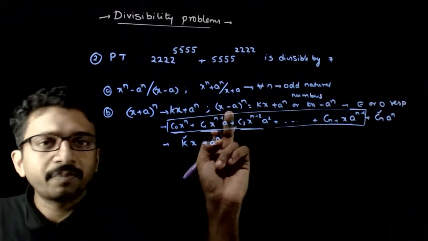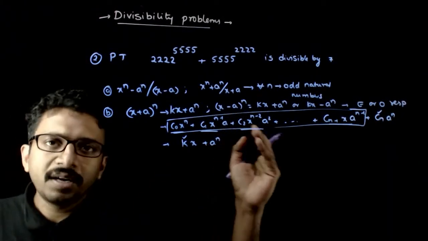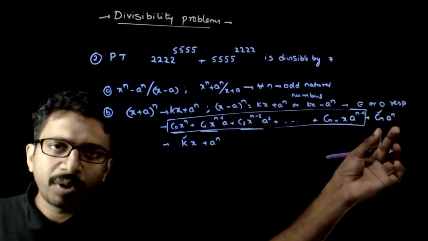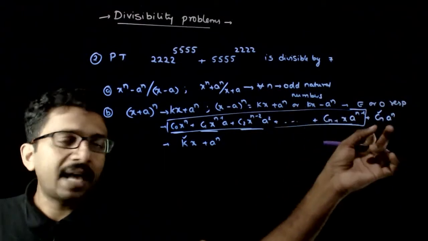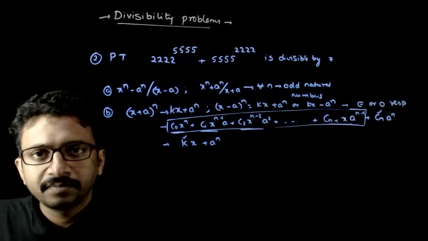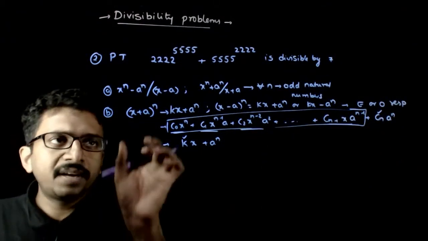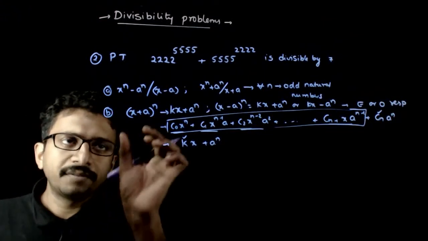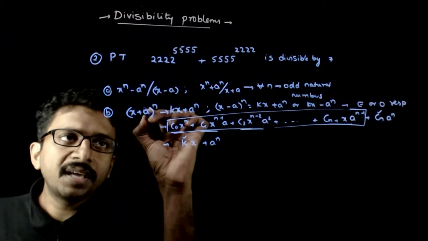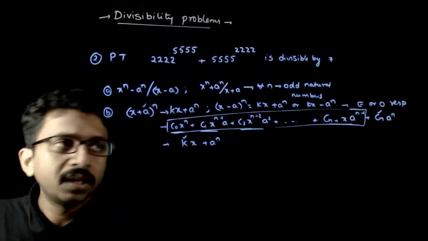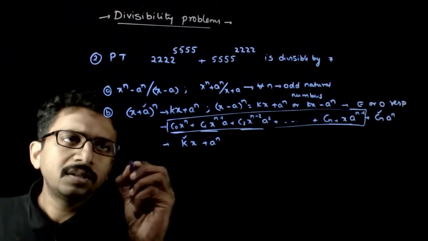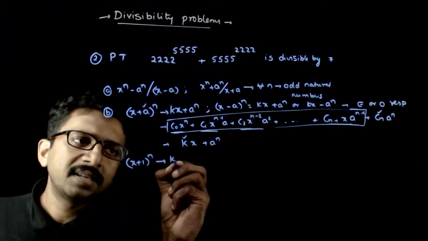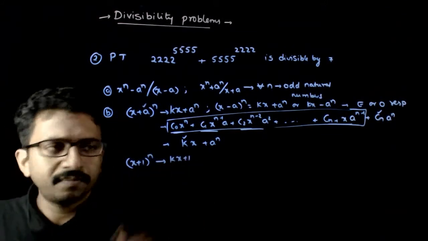Because we know that if you have (x minus a) power n, you will have an alternate plus minus sign. So if n is even, the last term will have a positive sign. If n is odd, the last term will have a negative sign. So if you can write this directly, it will be useful in problems. Now, if you have a special case where a is equal to 1, a power n will be equal to 1. So (x plus 1) whole power n can be written as some kx plus 1.